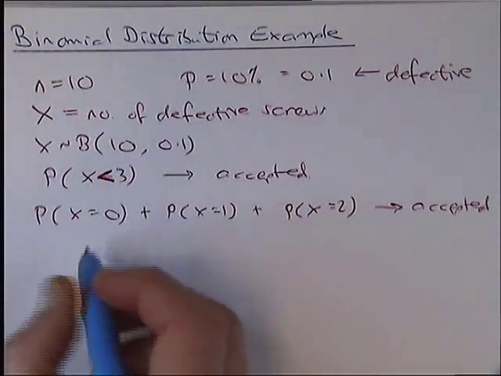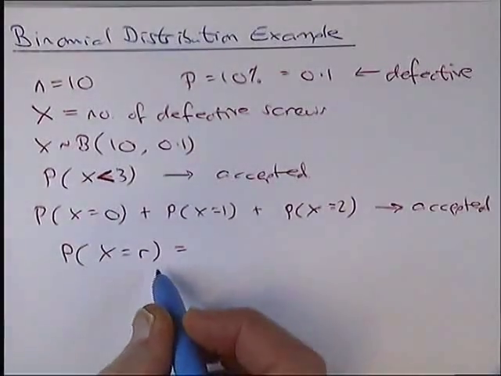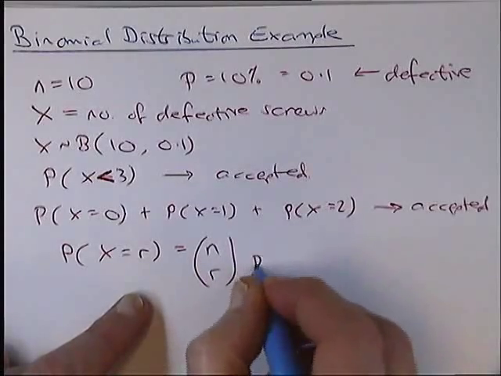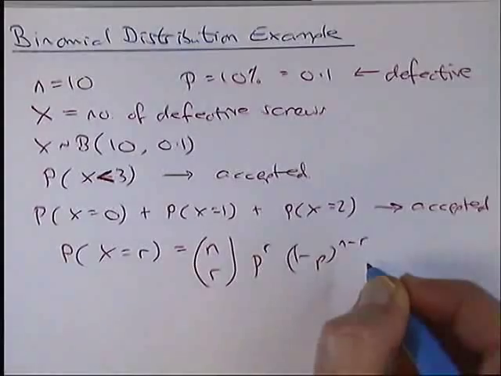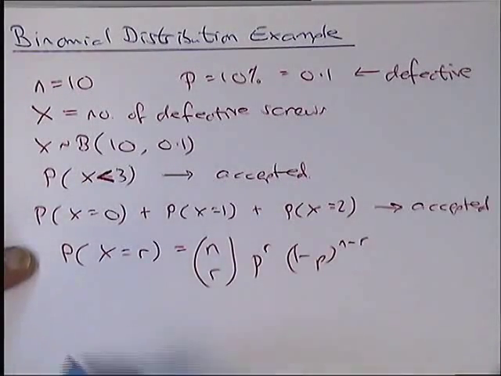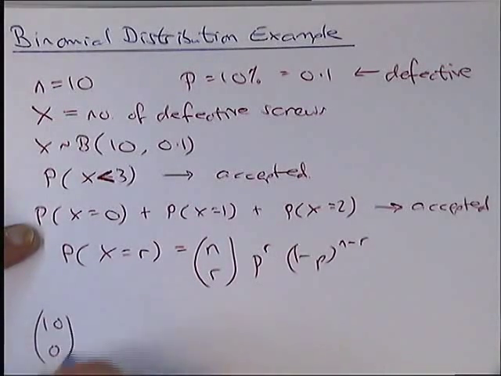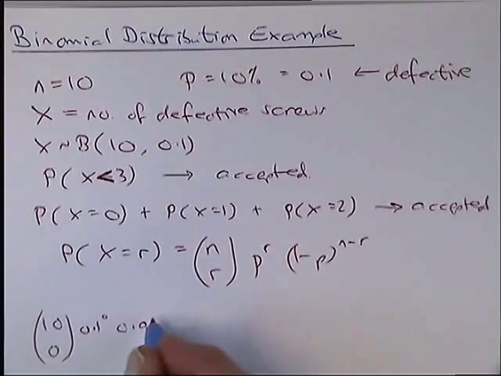Now the formula for binomial probabilities, the way we've written it down, using r for the number that we're going to put in here, is n choose r, p to the r, 1 minus p to the n minus r. So when X is 0, I'm going to have n choose 0, p to the 0, 1 minus p to the n minus 0, which would be 10 minus 0, which is 10.